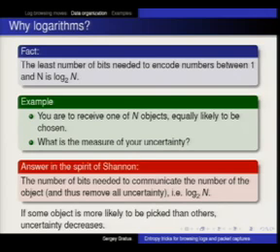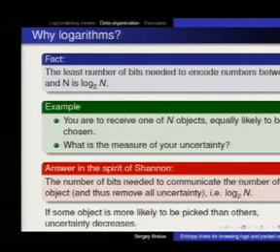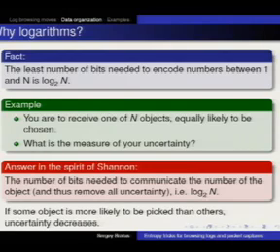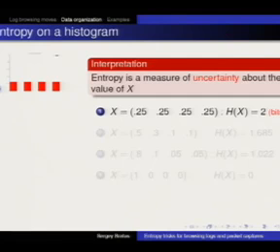Now, why is this a measure of your uncertainty? Because in order to communicate your choice, once you've made it, you need to use some bits. If you count the number of bits to communicate the missing information, that's entropy.